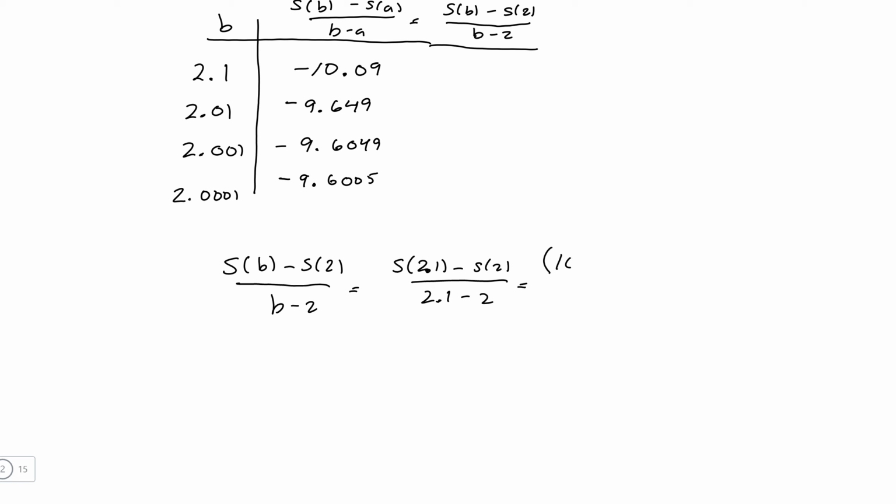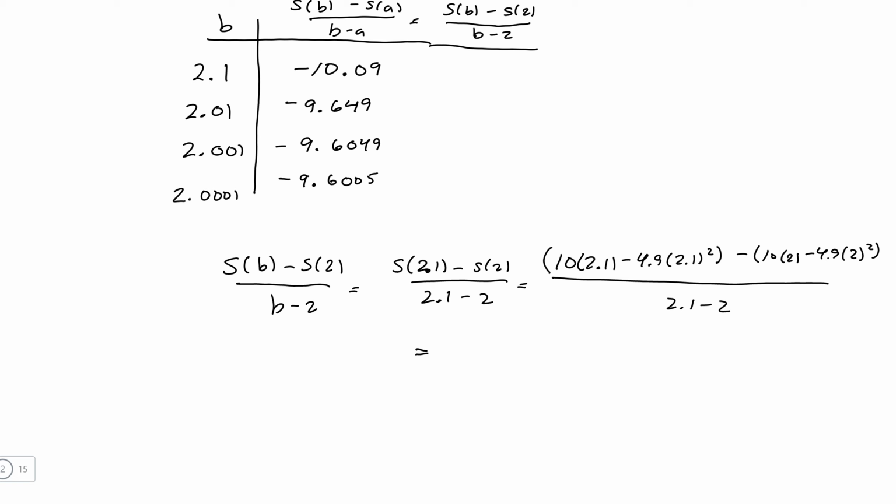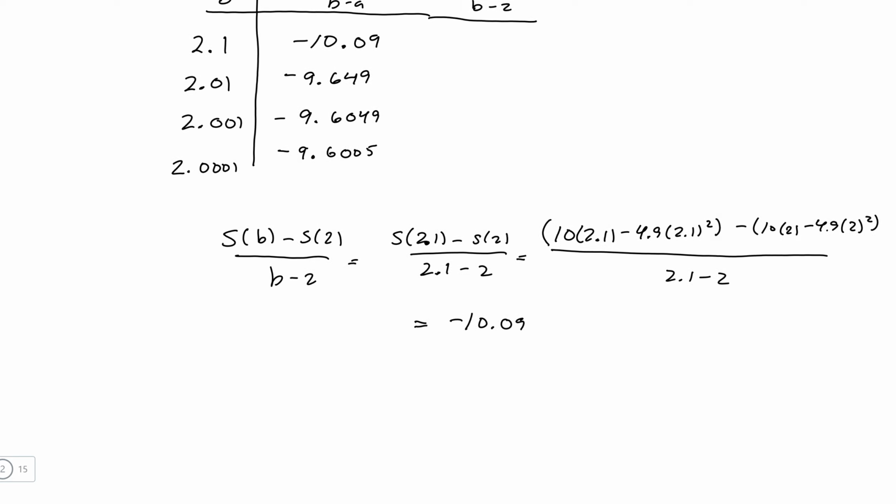For the first term, I'll have 10 times 2.1 minus 4.9 times 2.1 squared, minus 10 times 2 minus 4.9 times 2 squared, all over 2.1 minus 2. If you work all that out, this is minus 10.09. That's where those numbers in the table are coming from. I just evaluated them and stuck them in there. So for this, we can see our estimate from this value is our approximate speed.